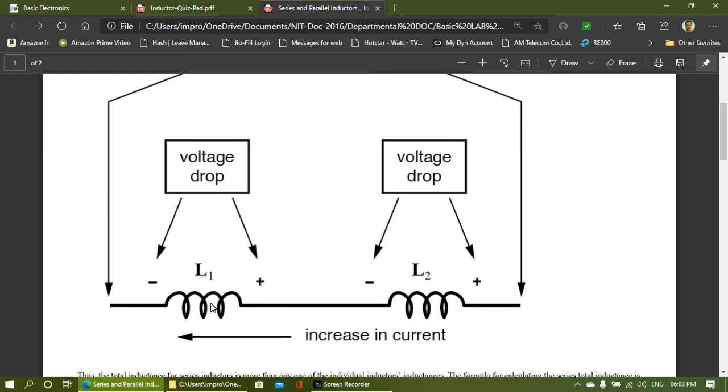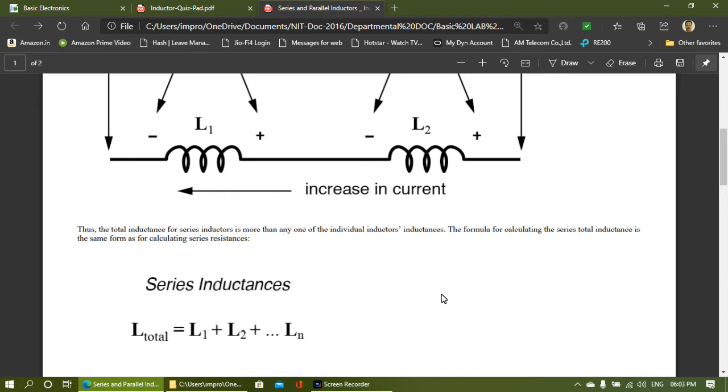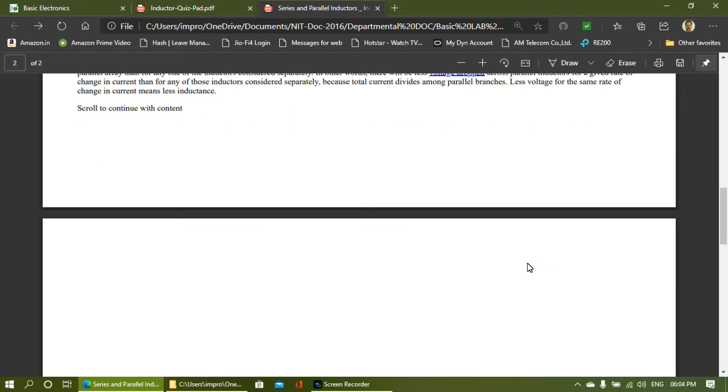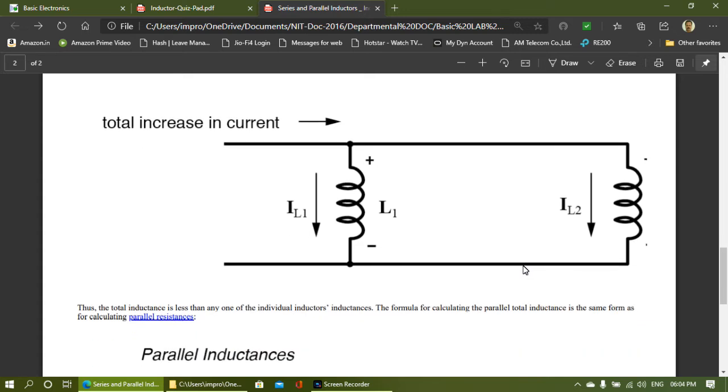If you put these two inductors in series, the total voltage drop will increase compared to a single one. As the voltage is higher, the inductance is higher, as we already saw in the previous lesson. So your total L will be L1 plus L2 plus continuing to Ln. Now this is the parallel inductance.